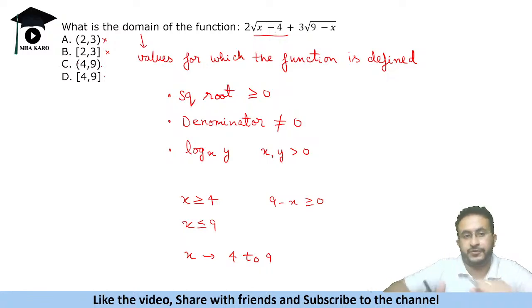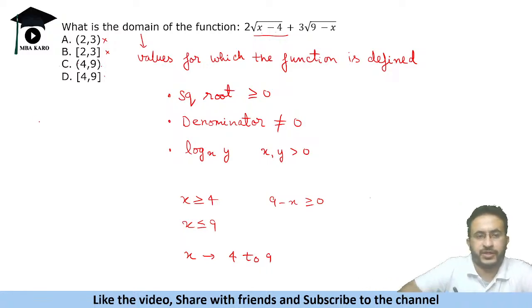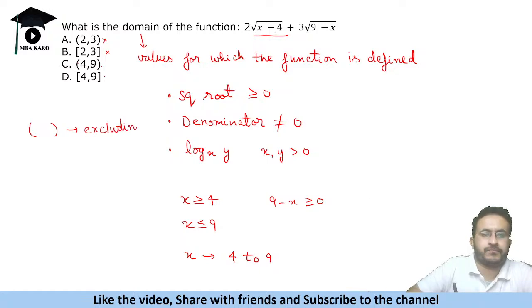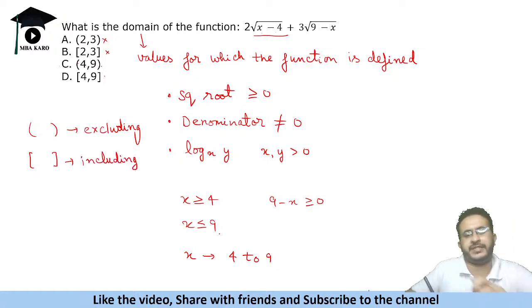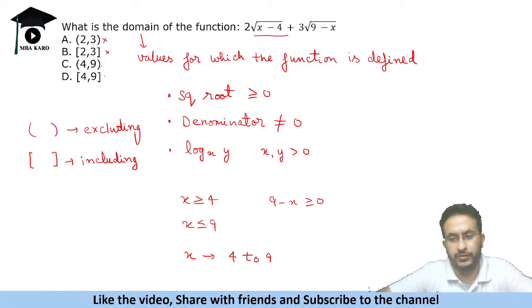Okay, so if you have this circular bracket, it means excluding. And when you have the square bracket, it means including. So should we include 4 and 9 or not? Yes, square means they have to be included.